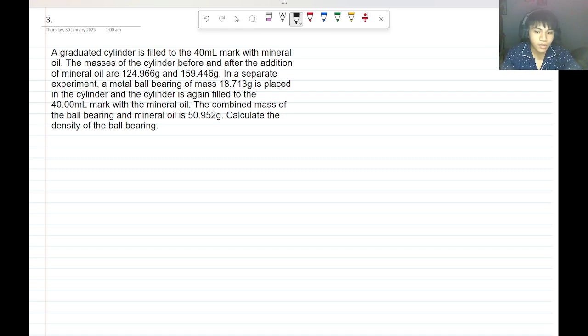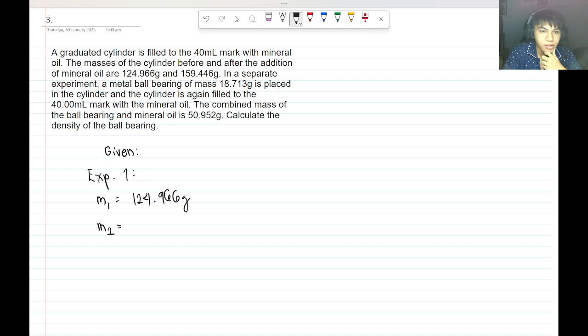Okay, so let's write the given. Let's separate it for the experiment. So we have experiment one. We have mass one, that'd be 124.966 grams. Mass 2, 159.446 grams.